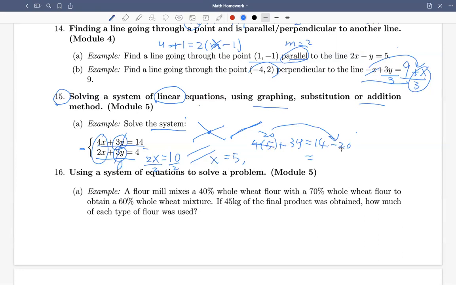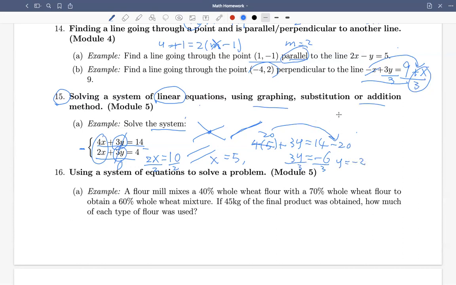So 14 minus 20, how do I do this subtraction? 14 is less than 20, so I do 20 minus 4, then carry on the negative sign. So I get negative 6. Now I divide by 3 on both sides. So y equals -2.